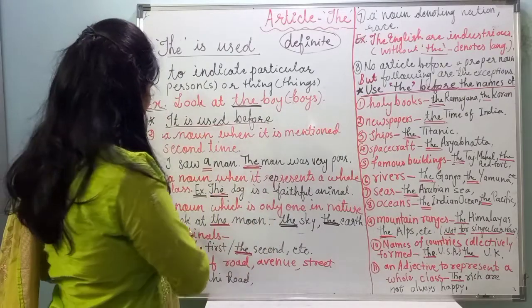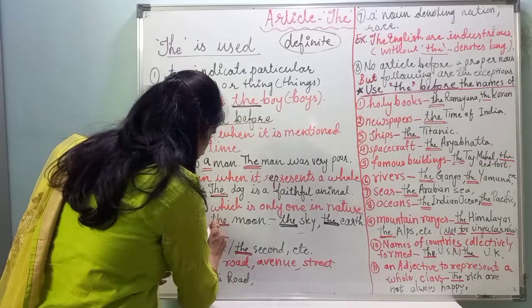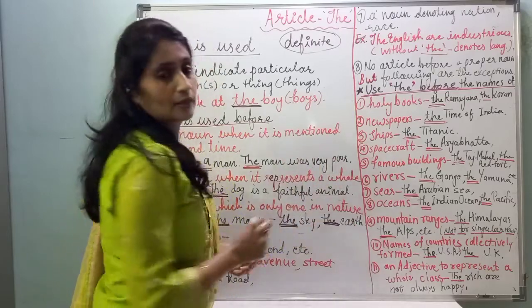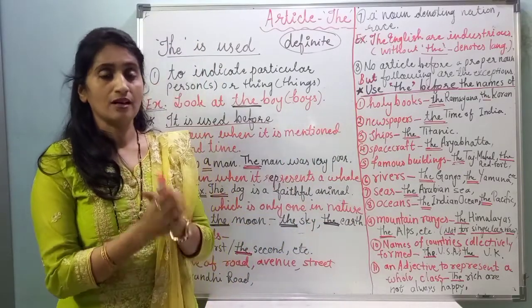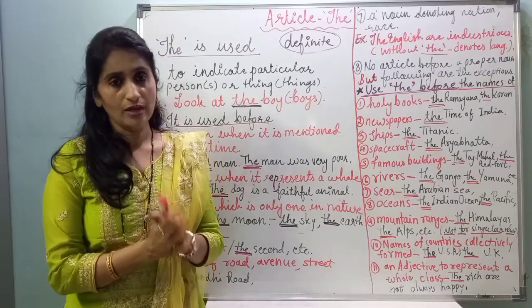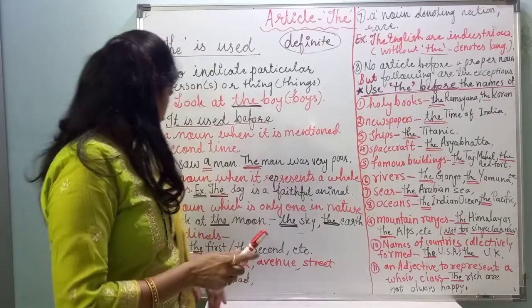See here now. Look at the moon. Which article is used here? The moon. In the same way, the sky, the earth. Means for things that are only one in nature, that time we should make use of the article the.